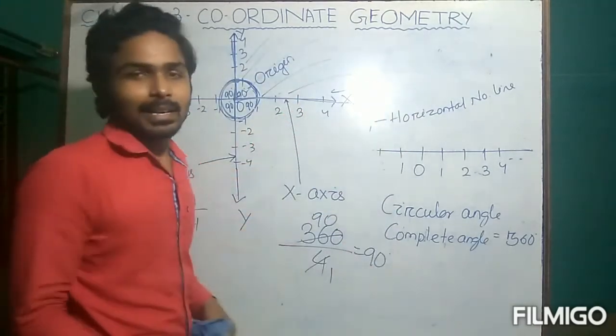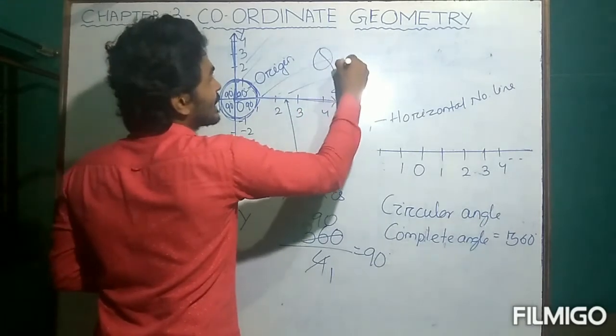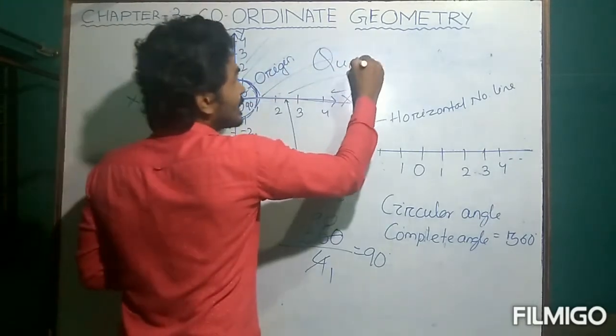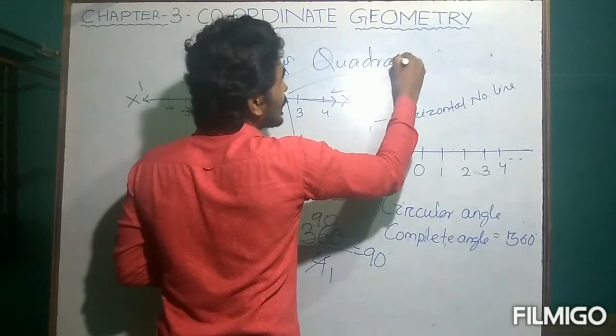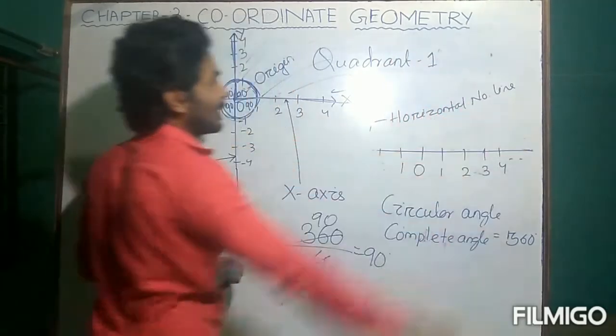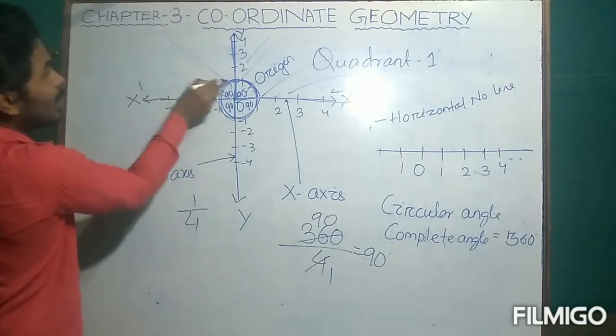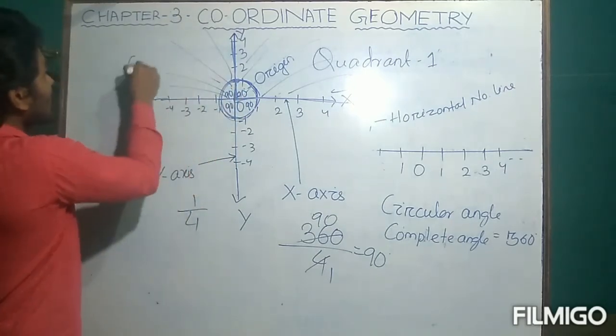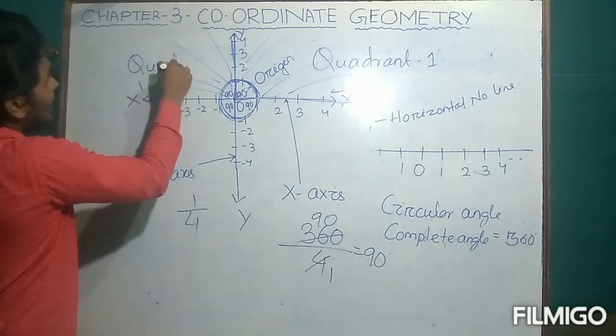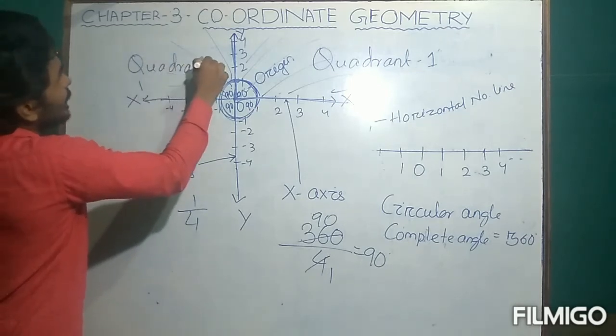Each part is known as a quadrant. This first part is known as quadrant 1, and this is the second part, known as quadrant 2.